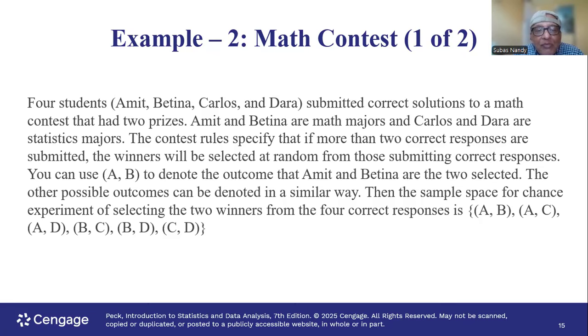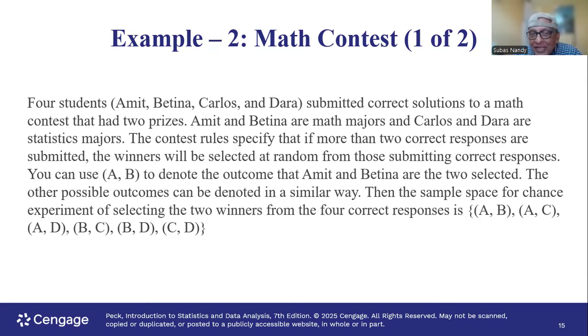You can use AB to denote the outcome that Amit and Bettina are the two selected. The other possible outcomes can be denoted in a similar way. Then the sample space for the chance experiment of selecting two winners from the four correct responses is AB, AC, AD, BC, BD, or CD.